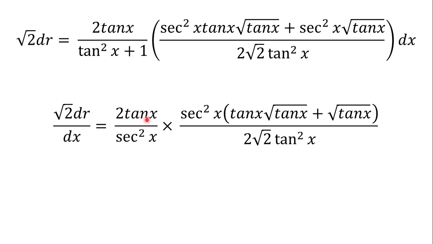So 2 tangent x can cancel out with 2 tangent x here, and we are left with square root of tangent x. So at the end of the day, after doing the cancellation, you're gonna get tangent x times square root of 4 tangent x plus square root of 4 tangent x all over square root of 2 times tangent x.